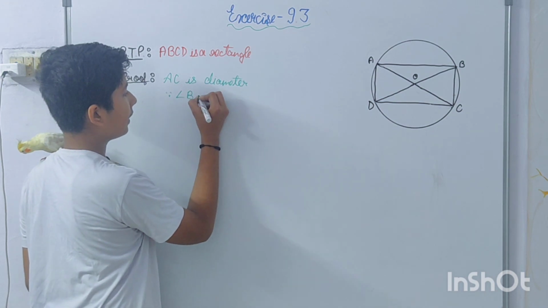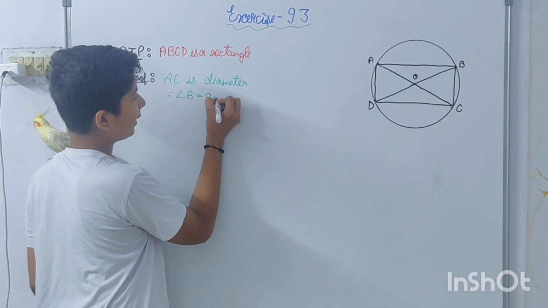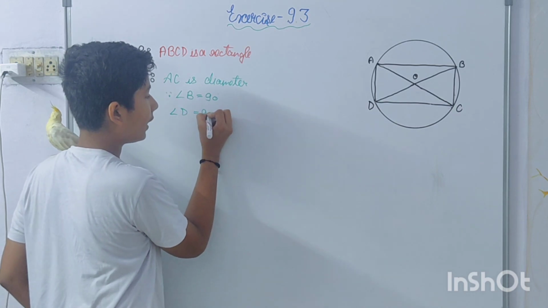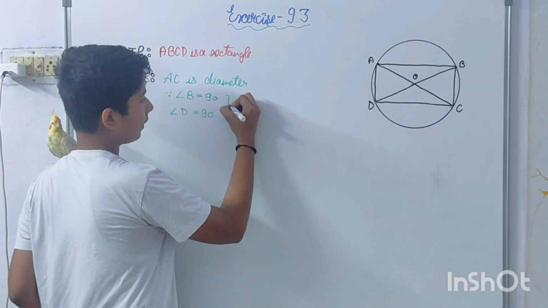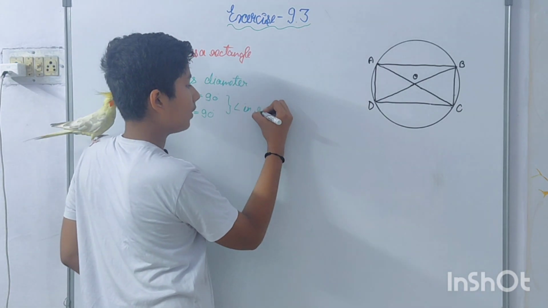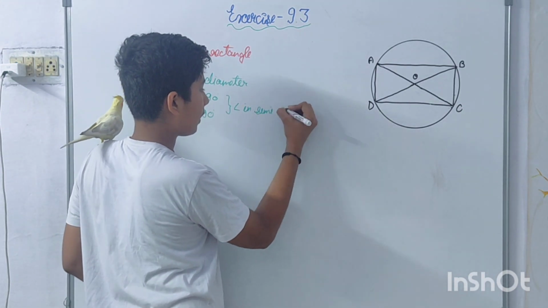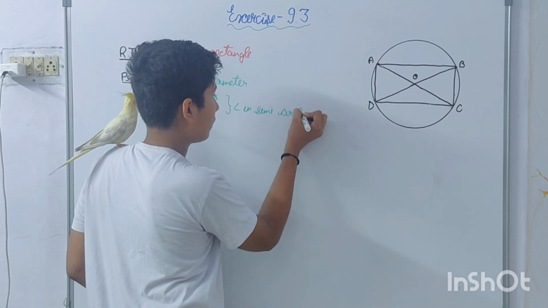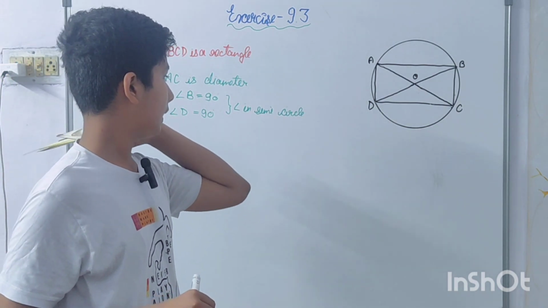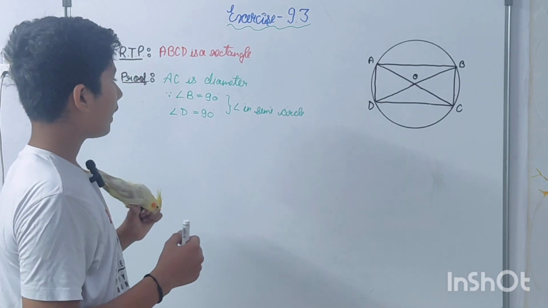Angle B equals 90 degrees, angle D also equals 90 degrees, and the reason would be angle in semicircle. Angle in semicircle is the reason.